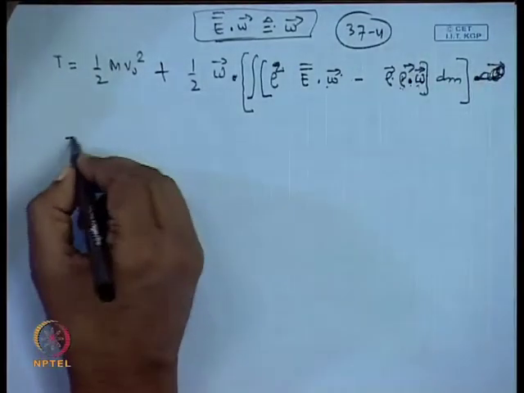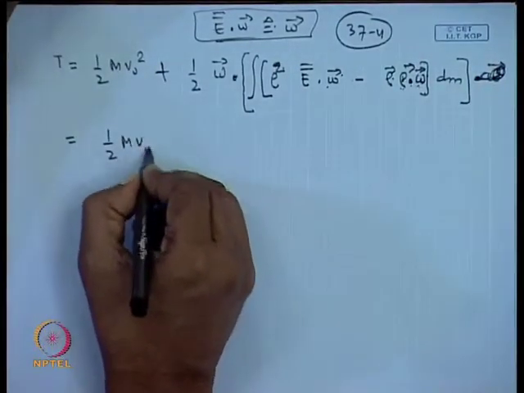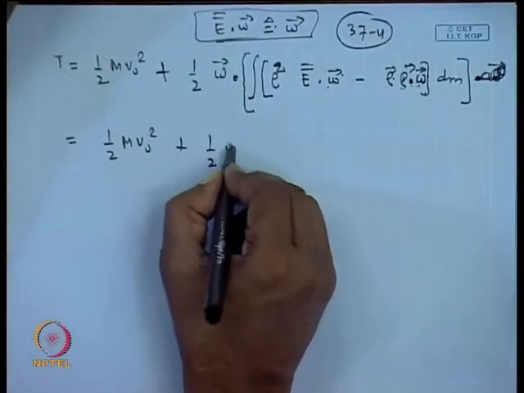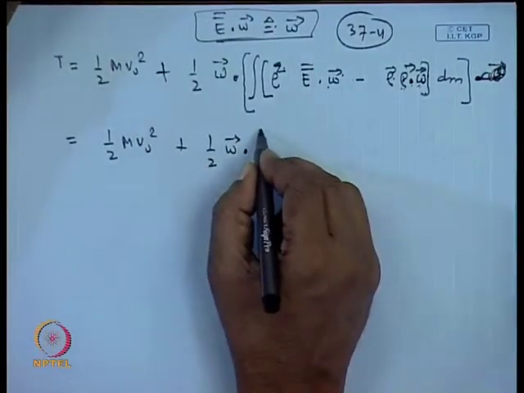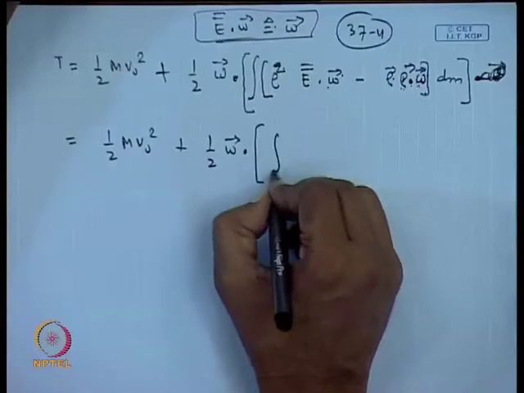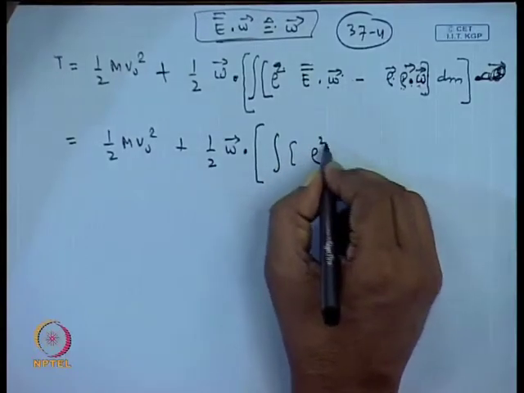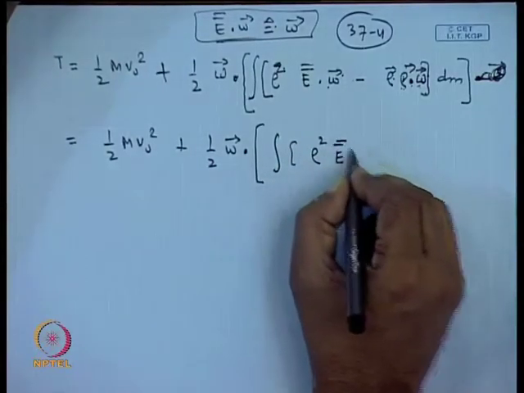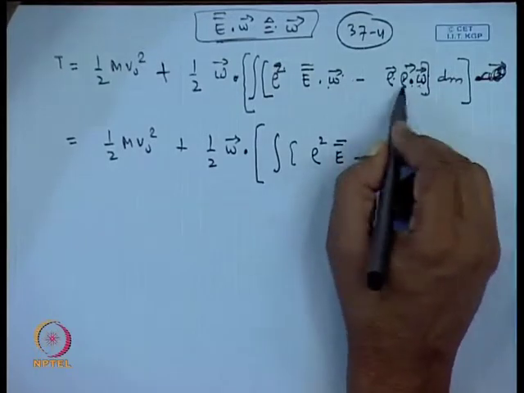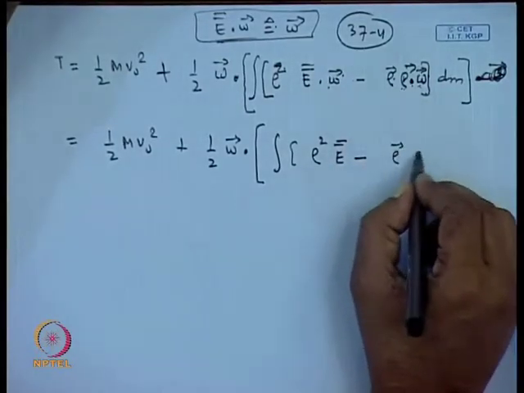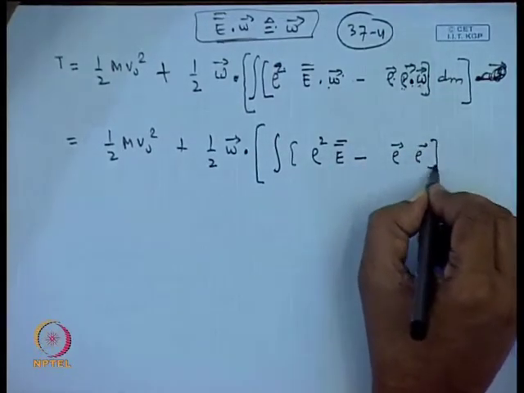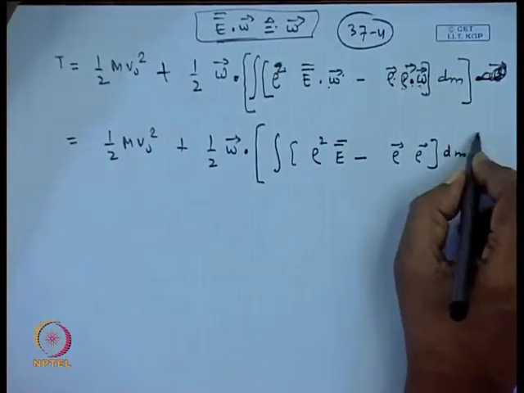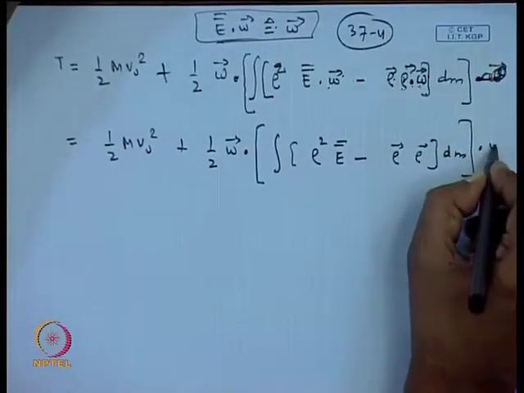In the next step, omega dot rho square E double bar minus, now from here we can write here rho d m dot omega.